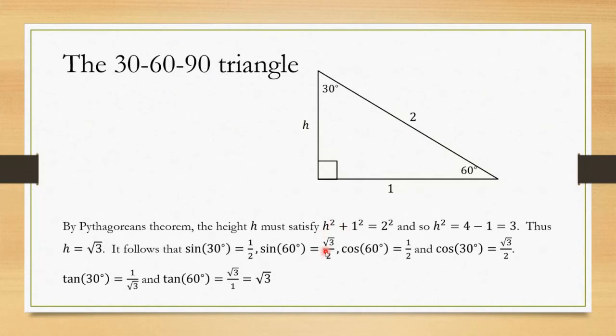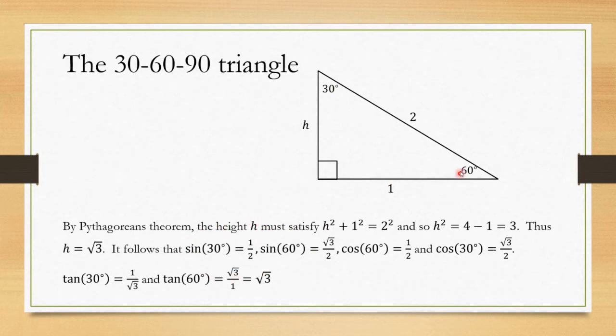For 30 degrees, the opposite side would be this, right? Remember, the side is labeled relative to the angle. So for 30 degrees, this is the opposite side. So sine of 30 degrees would be opposite divided by hypotenuse. Okay? That's how we get this.